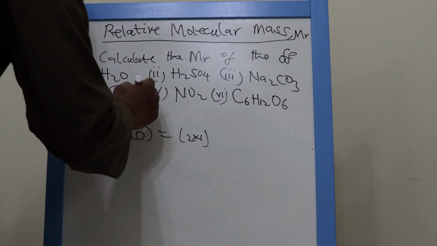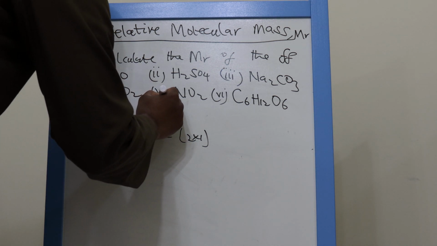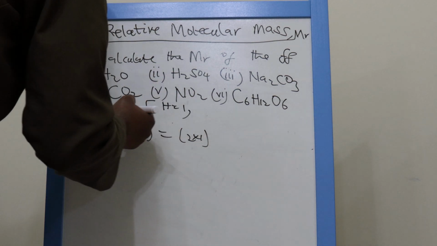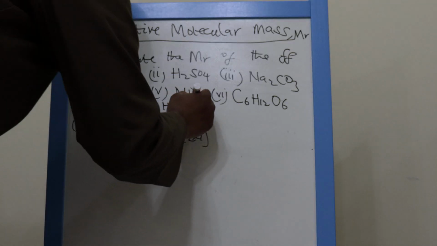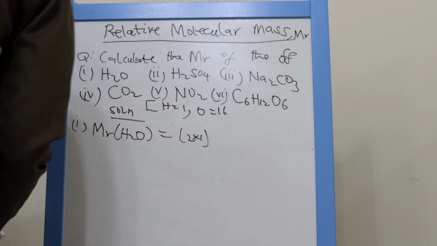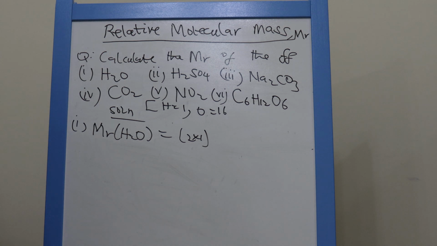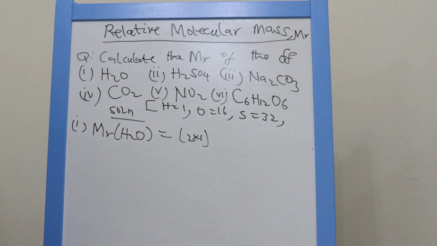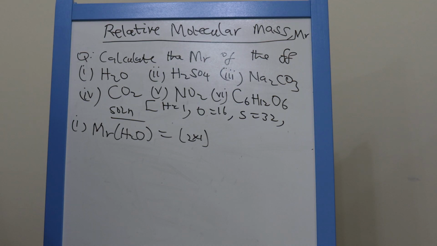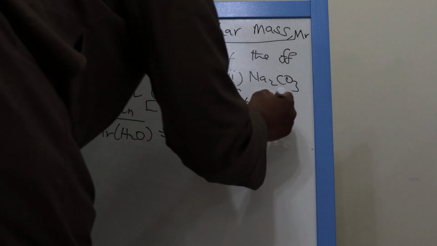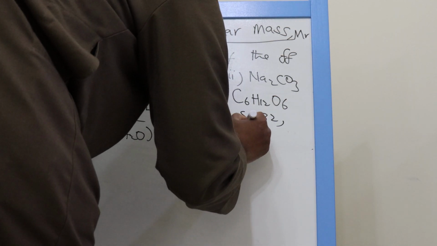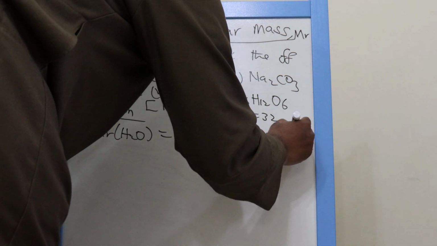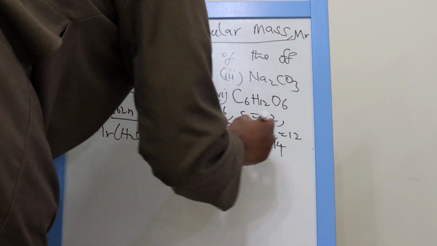Relative atomic masses of the elements: H is equal to 1, O is equal to 16, S is equal to 32, Na is equal to 23, C is equal to 12, and N is equal to 14.